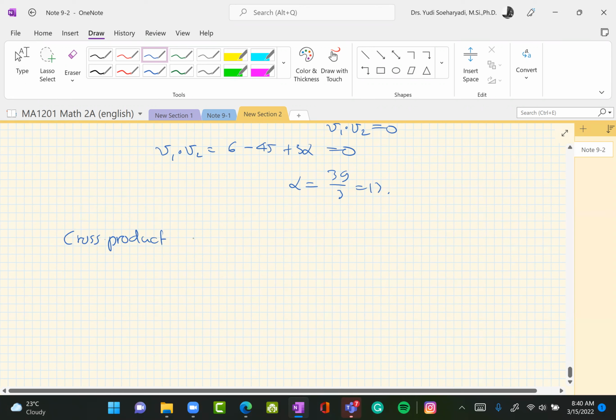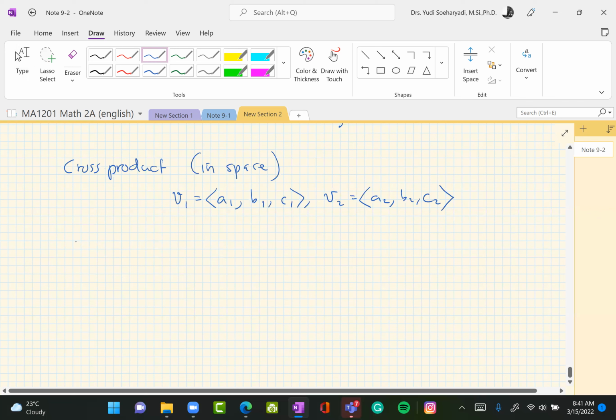For the cross product, the vectors must be in space, so cross product always involves vectors in space with three components. So the cross product is this determinant of this matrix.